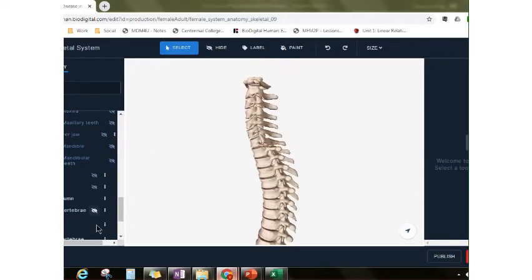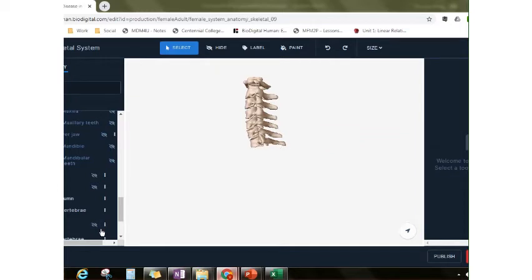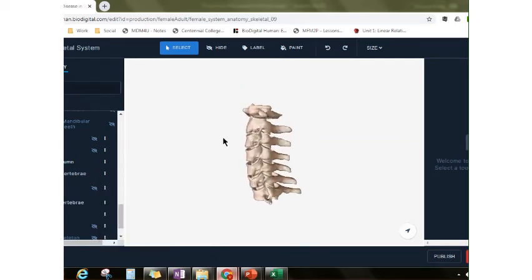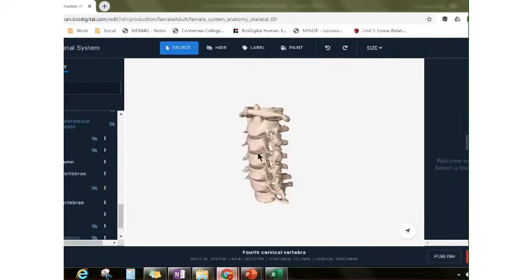Now I want to just kind of turn off everything else here and focus on the cervical vertebrae. And here we have 7 cervical vertebrae. Again, these are the bones that make up your neck, right? So 1, 2, 3, 4, 5, 6, 7 there.